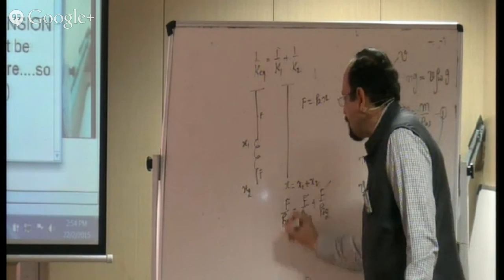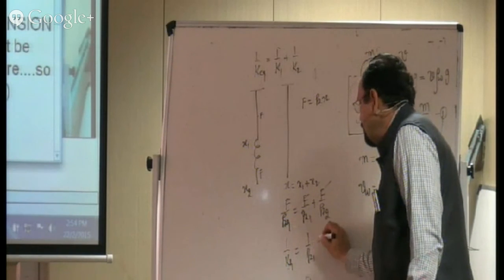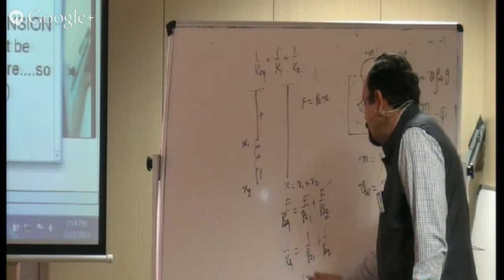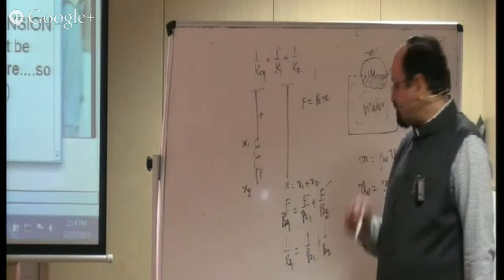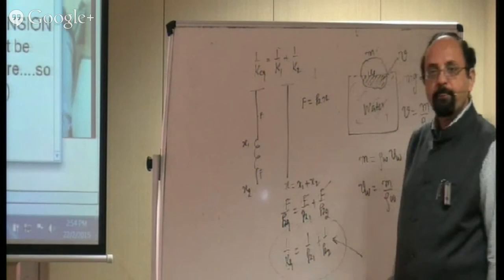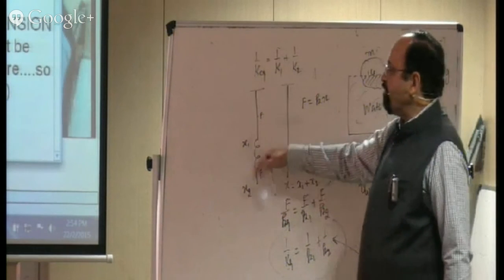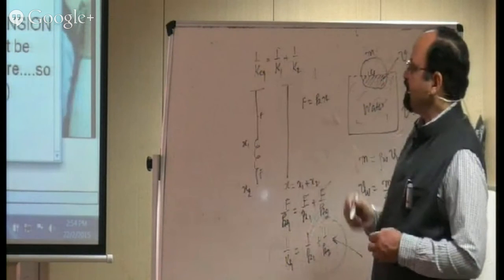So this F is out. So I have 1 by k equivalent equals 1 by k1 plus 1 by k2. So even if the extensions are not the same, this formula holds good. And we have in fact used this formula. So that's why we have taken care of the variation of x1 and x2. They may not be the same, right? So that has been taken care of.